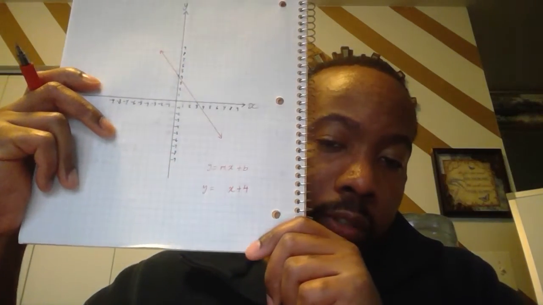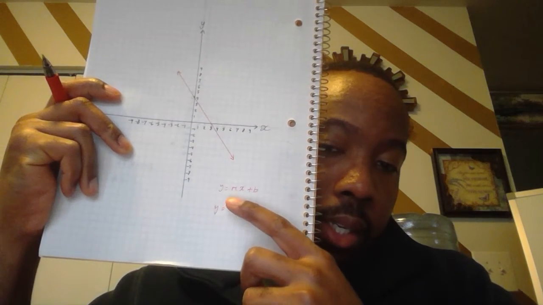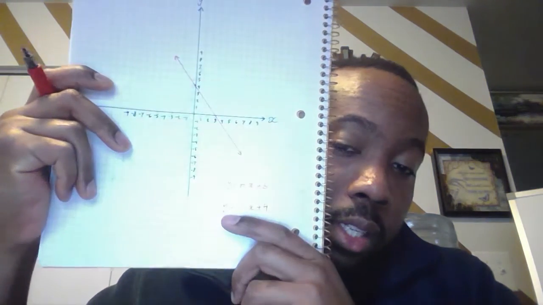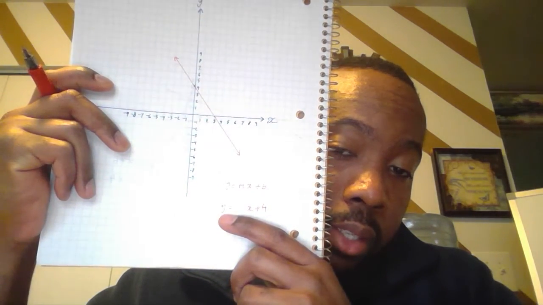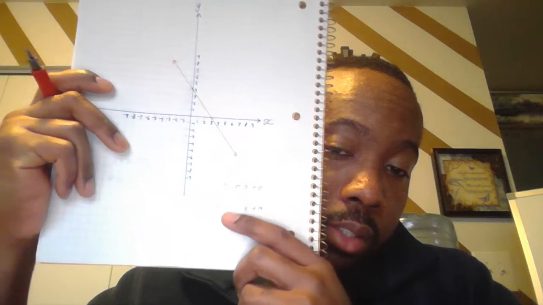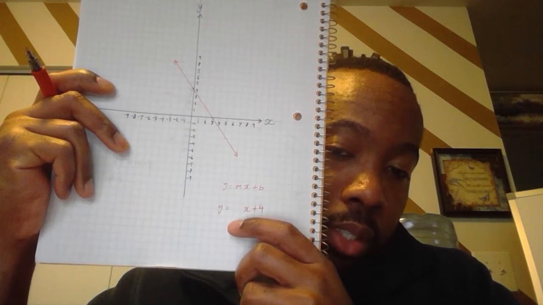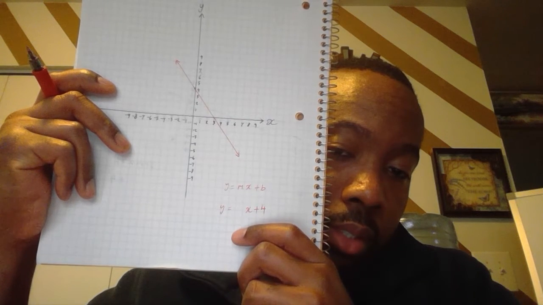Remember how I said the only variables that will be replaced are b and m? That is why I wrote back the letters y and x, my two variables. The only other variable that will be replaced with a number is m.